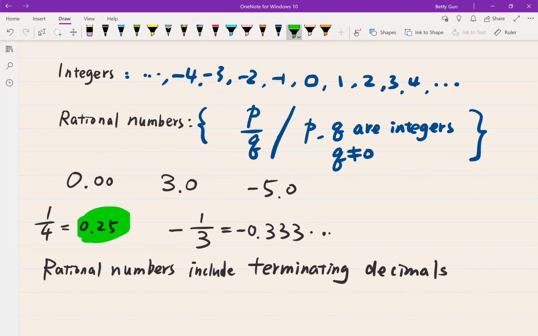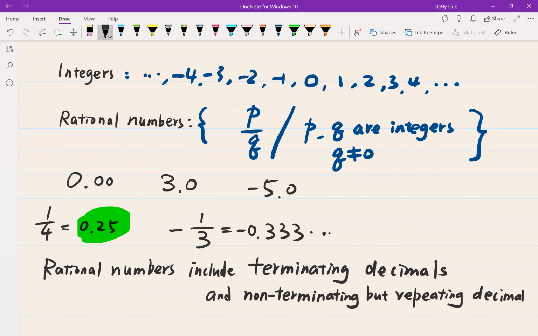And non-terminating but repeating decimals. Negative 0.333, 3 repeating. That decimal is non-terminating because it goes forever, right?